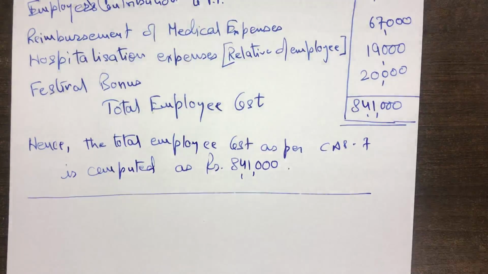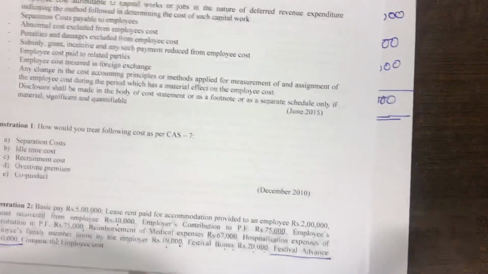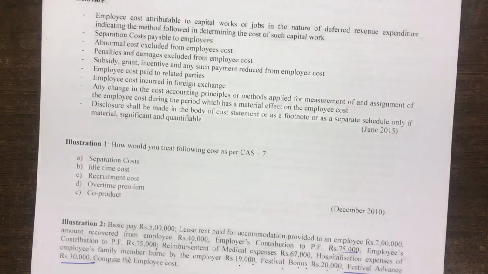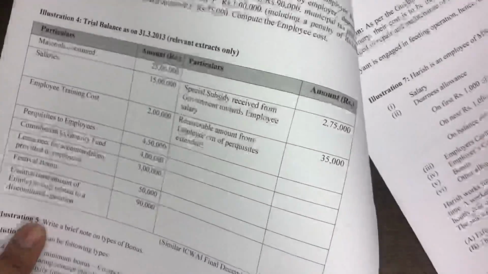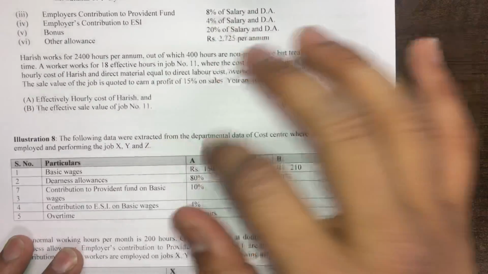And yes, from this chapter, from this cost accounting standard, very easy and basic questions also recur, like this one which we have done. And there are some difficult questions as well which you need to practice at home. Illustration number 4 is very good. Then illustration number 7 and 8 which you have to do yourself, they are really nice.